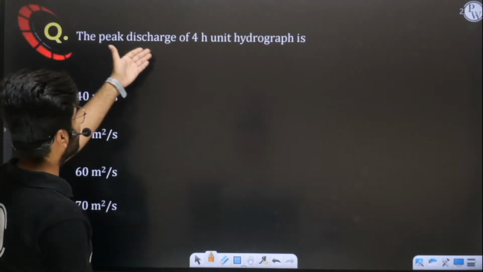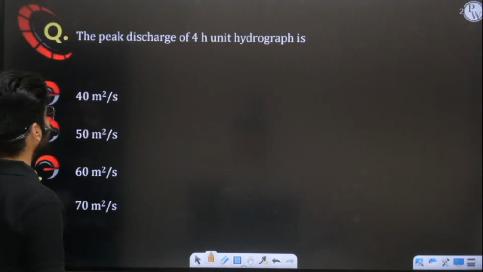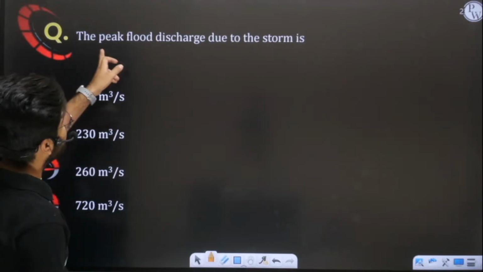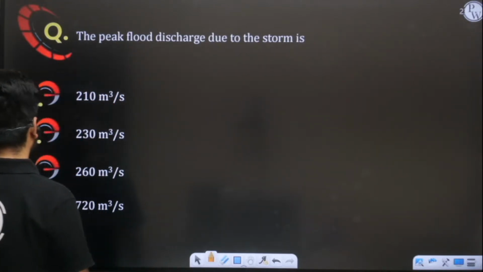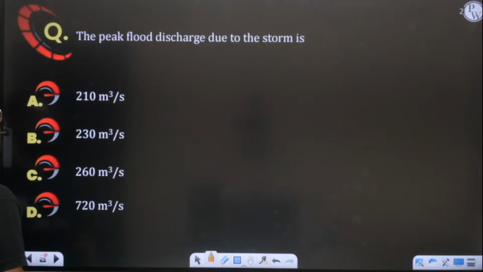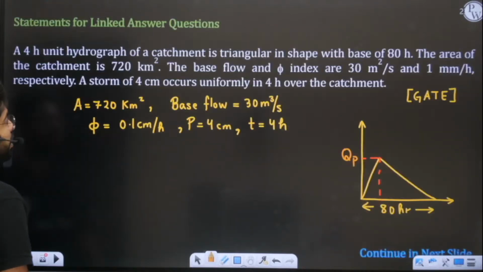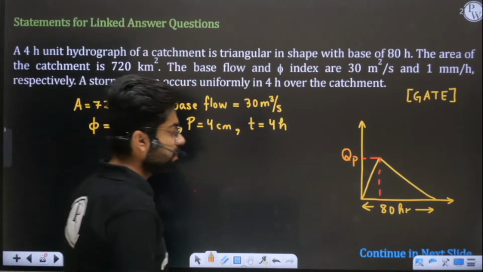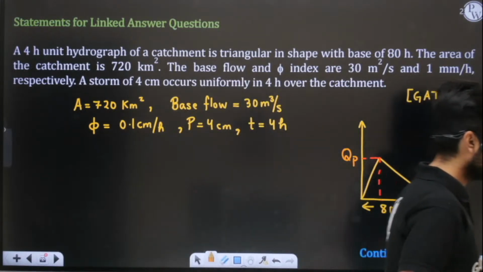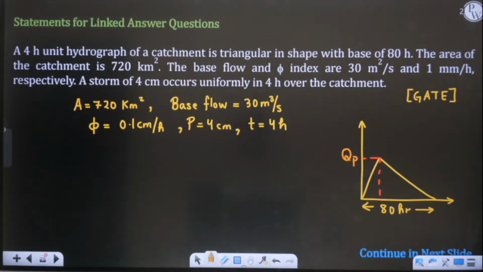The question is saying find the peak discharge of the 4-hour unit hydrograph, and the second part is to find the peak of flood discharge due to the storm. So first find the peak of the 4-hour unit hydrograph. How will you find it? Tell me how much value you are getting.